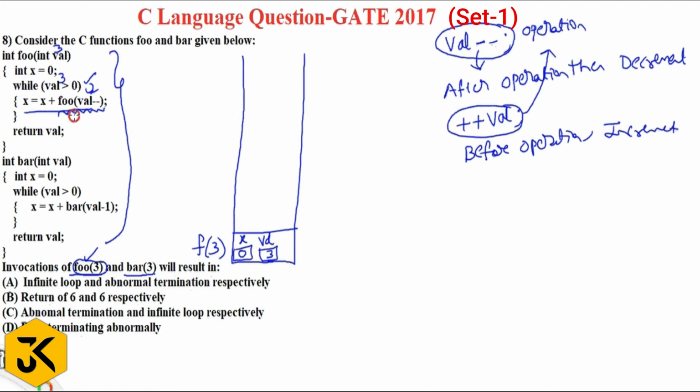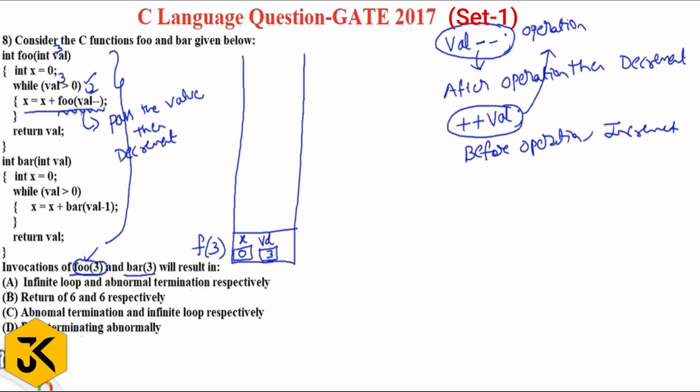So here my operation is passing the value. Whenever I say foo of value minus minus, first it will pass the value, then it will decrement the value.